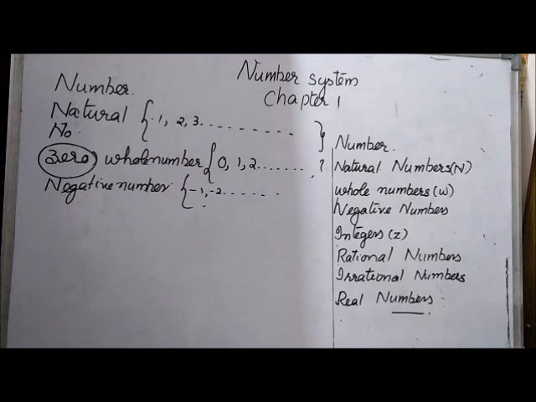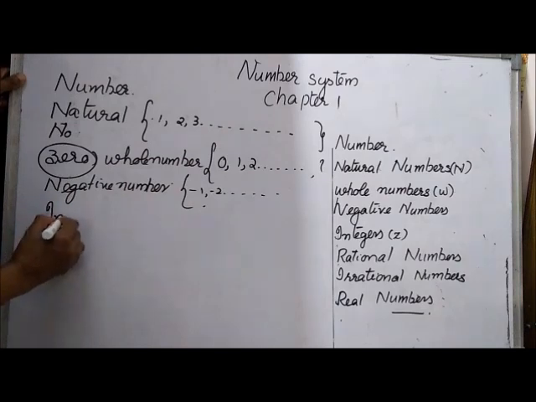Now this positive number and negative number and 0 included is our integer.